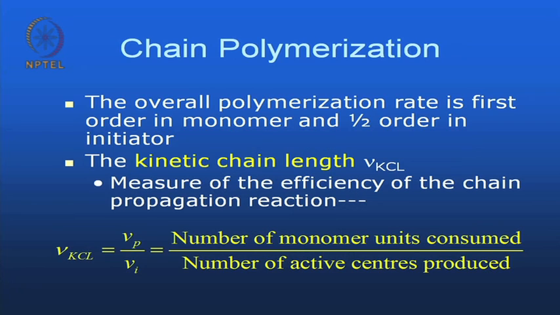That is your initiation step, and that Br radical is used up in further propagation steps. Similarly, for a chain polymerization reaction, you need an initiator which initiates your reaction. It has been found that the reaction rate is first order in monomer and to the power half in initiator.